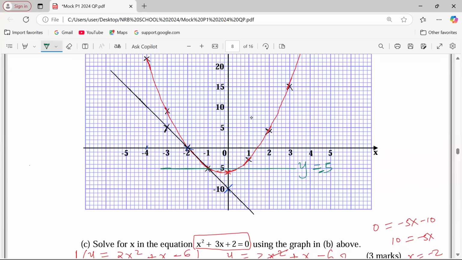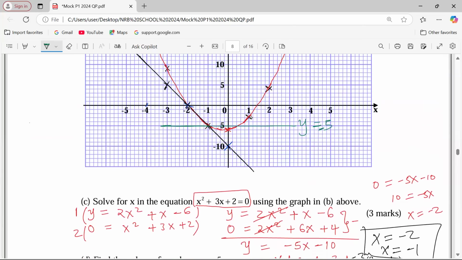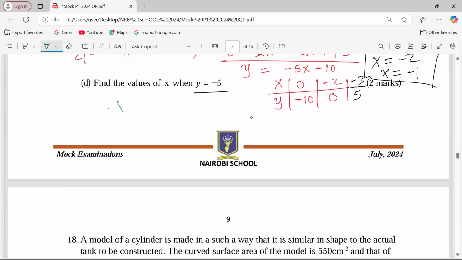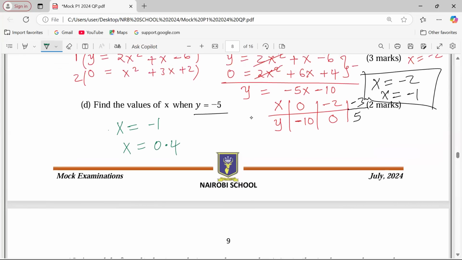And I'm getting negative 1 and 0.4. So negative 1, the first point here. The other point is here, 0.4. So x equals negative 1 and x equals 0.4 positive that way.